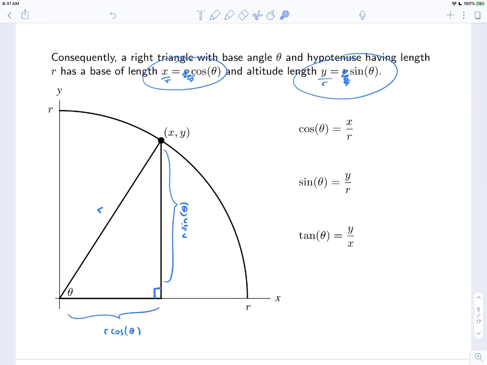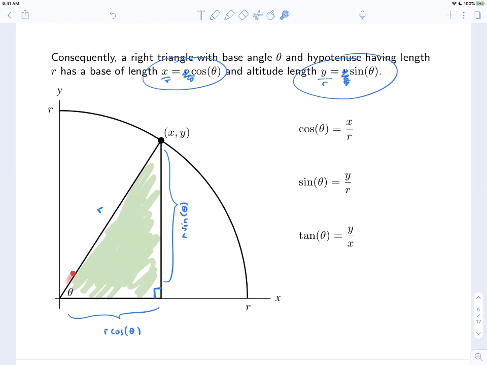What this does for us is this allows us to relate sine and cosine of an angle to measurements of the right triangle. So remember what r is. R is the length of the hypotenuse of this right triangle. We're looking at this right triangle here. And we can see that cosine of theta is equal to x over r.